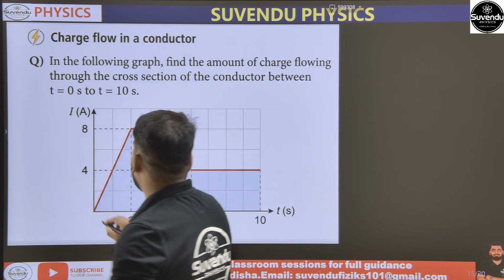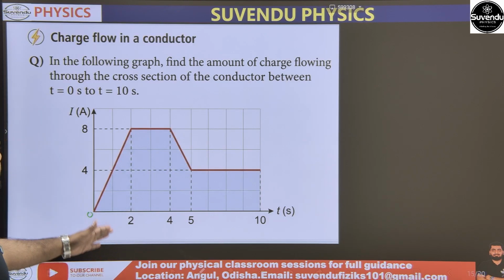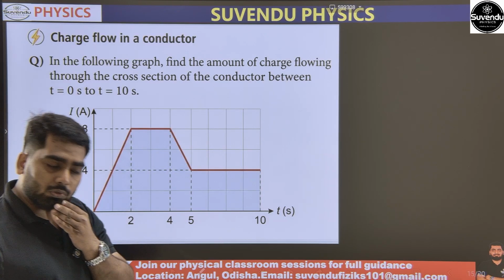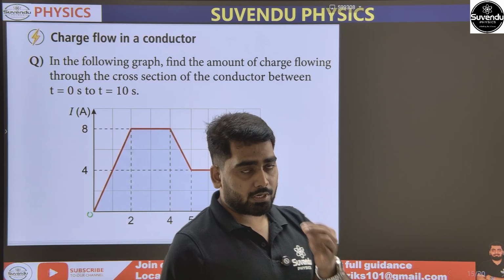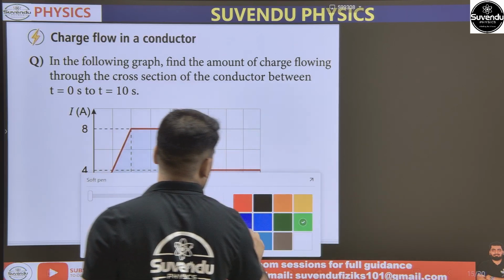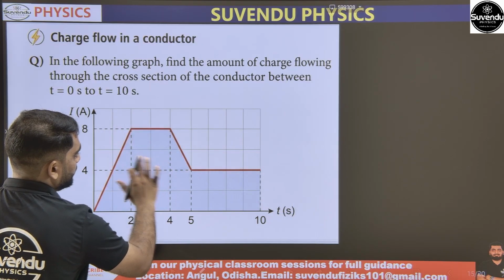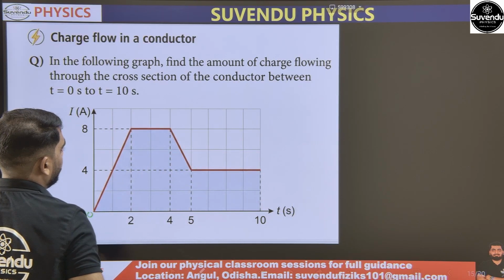We know charge is the area under the current versus time graph. So this shaded portion is the area under the I-t graph.